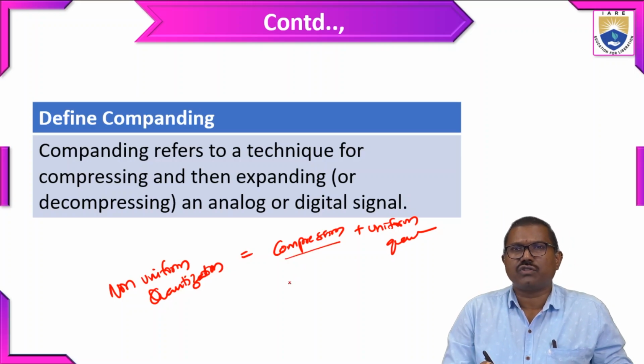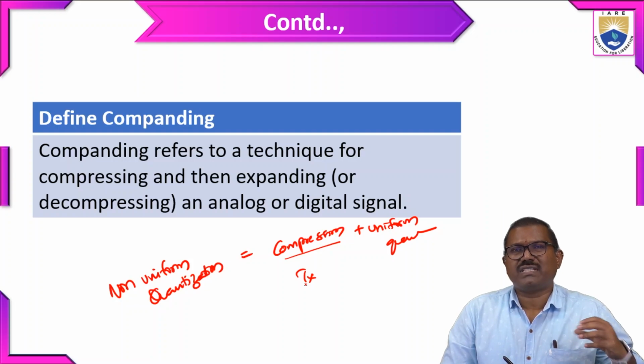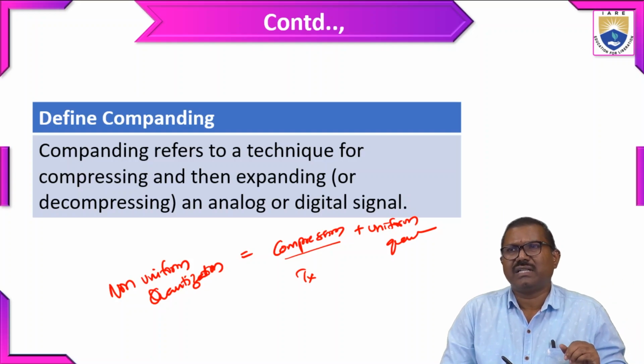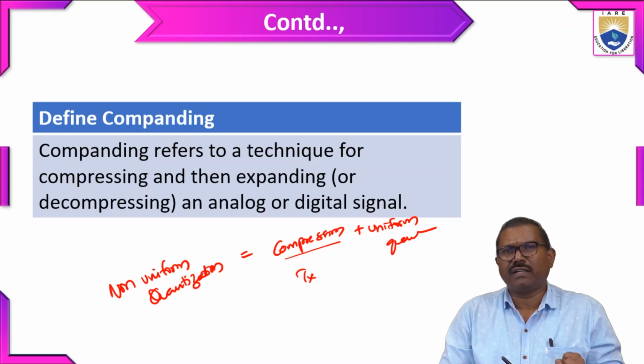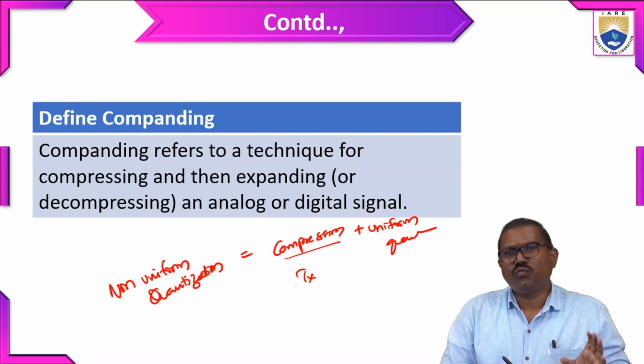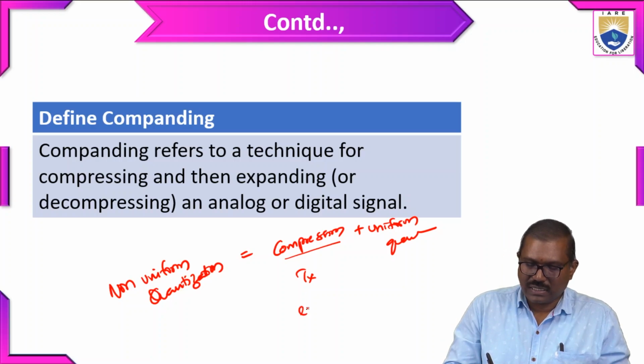The compressor is going to compress the signal. Where is it done? It is done at the transmitter. The compression is done at the transmitter, and this compressed signal is quantized and then passed into the channel. After the receiver receives that, then however much compression was done, it is expanded again at the receiver. So that is expanding.